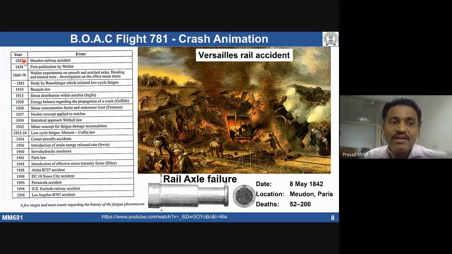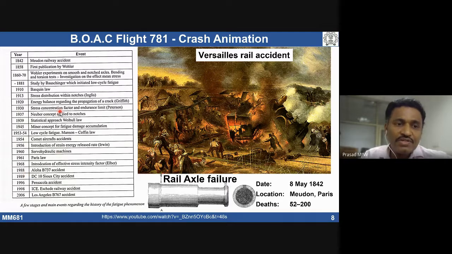Since then, people have studied the fatigue deformation behavior of a material. Some important events have happened over the years. This table nicely summarizes some important events related to fatigue failure of a material.